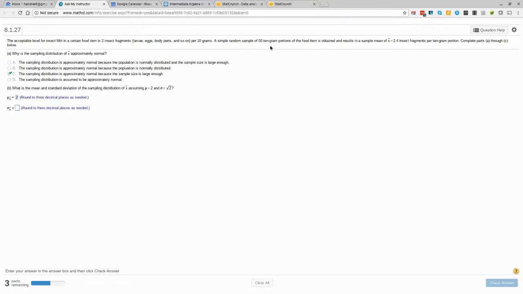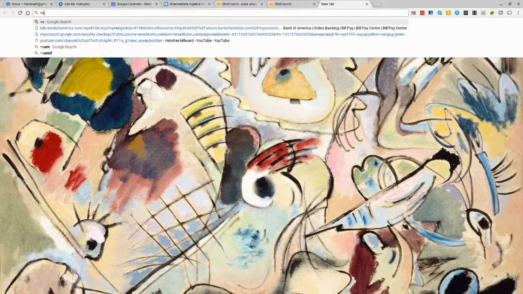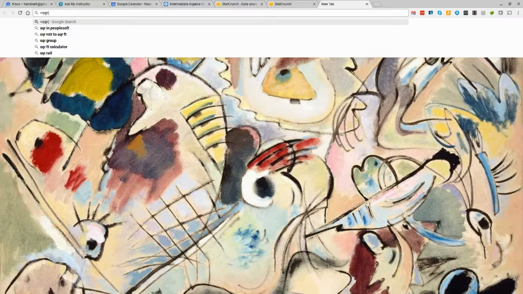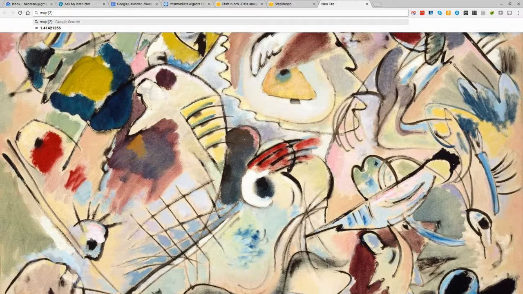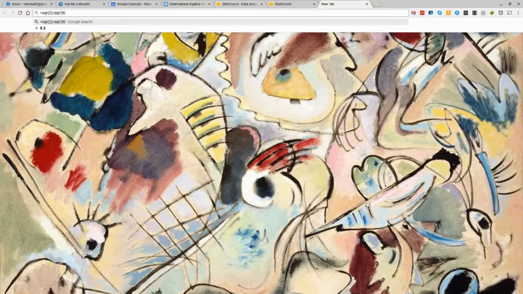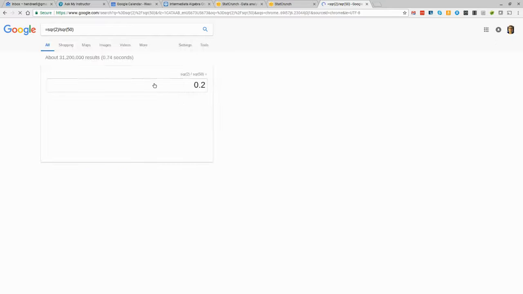Our sample size is 50 right there. So let me just do the square root of 2 divided by the square root of 50. Yeah, there it is, 0.2. So it gives us 0.2.